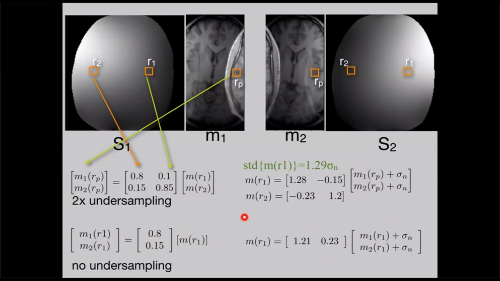And now the reconstruction, this is the reconstruction matrix from MR1. It's 1.21 and 0.23 times that. So now I can also compute the noise standard deviation that I get. And the noise standard deviation that I get is 1.23 sigma.